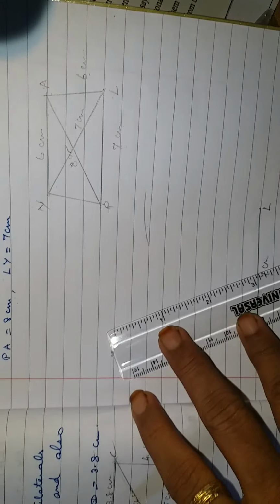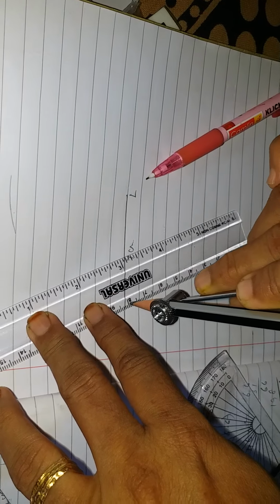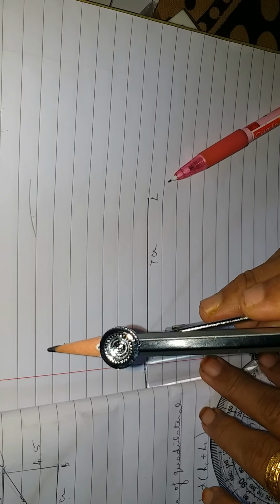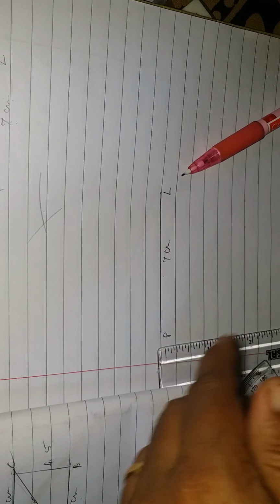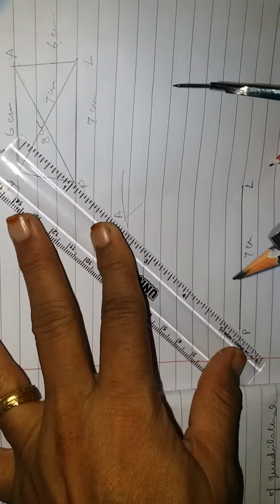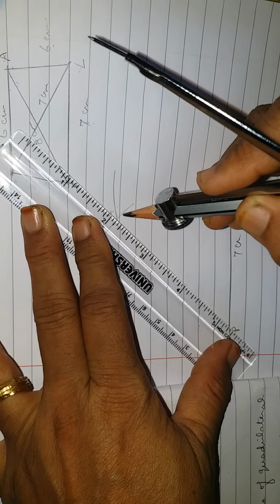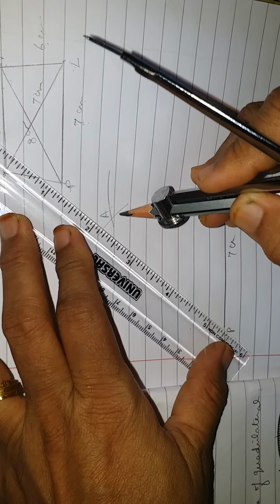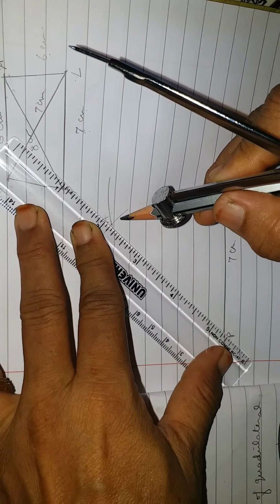Then from here measure 8 centimeter on your scale and cut the previous arc. So you have got one point A. Now you join these two points, PA and AL. See that it is touching exactly the point of contact. You can keep a point so that it will be easy for you to join.